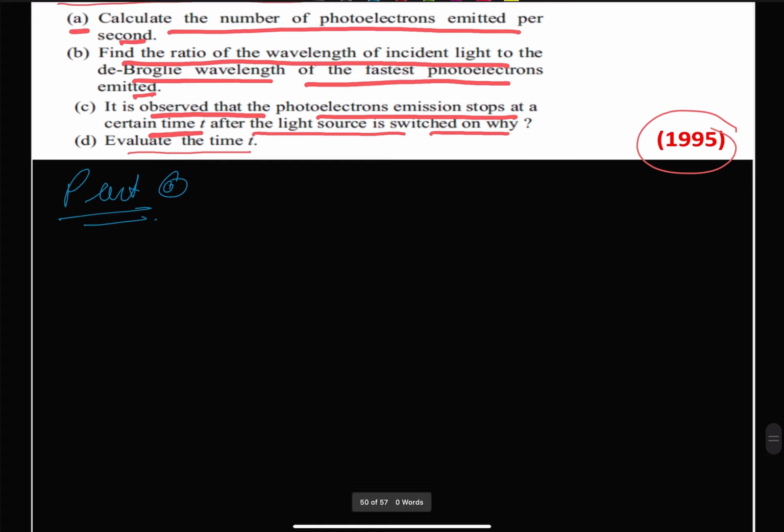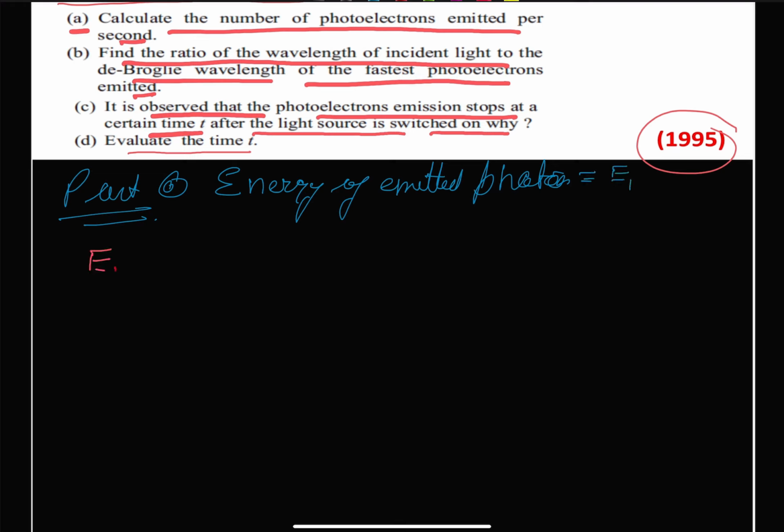So we can say the energy of the emitted photons, let us suppose that is our E1, is equal to 5 into 1.6 into 10 to the power minus 19 joules, which comes to 8 into 10 to the power minus 19 joules. And the power of the point source is given.